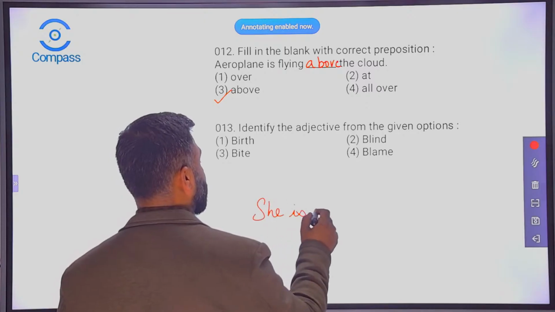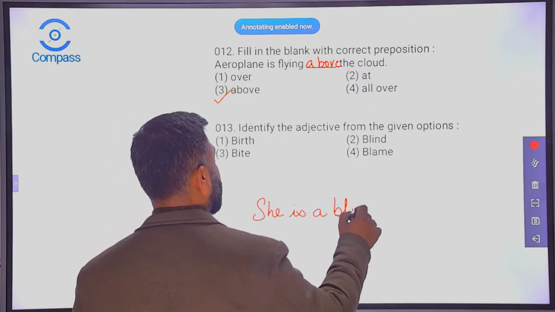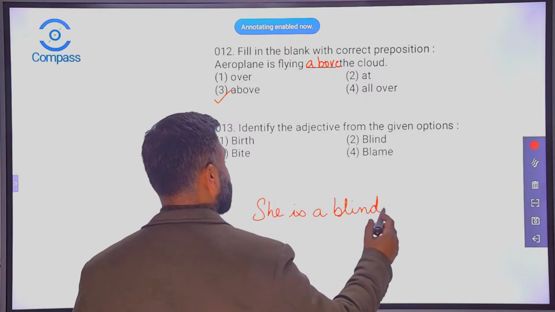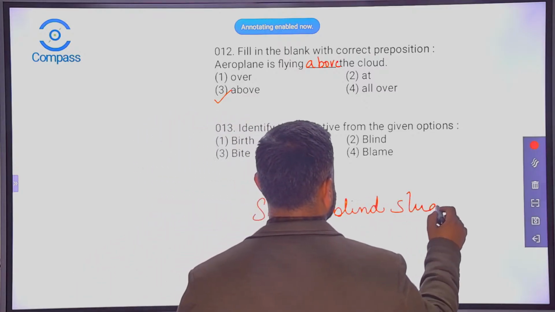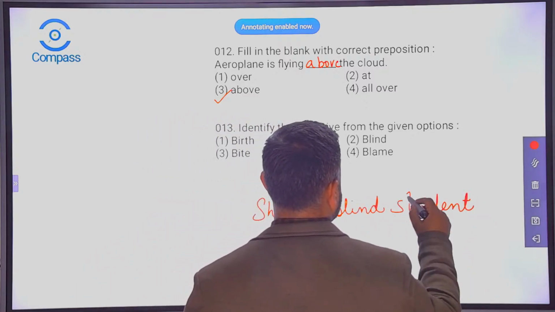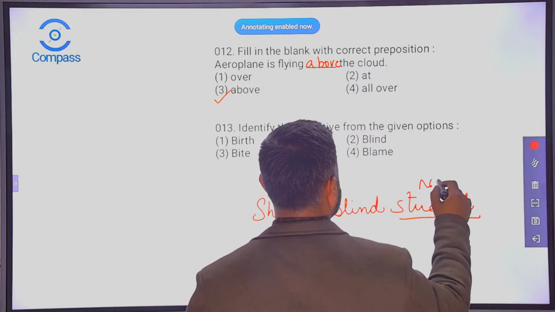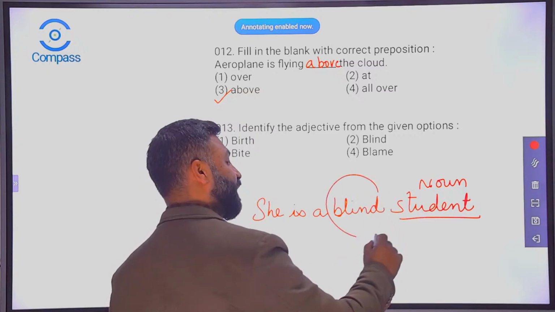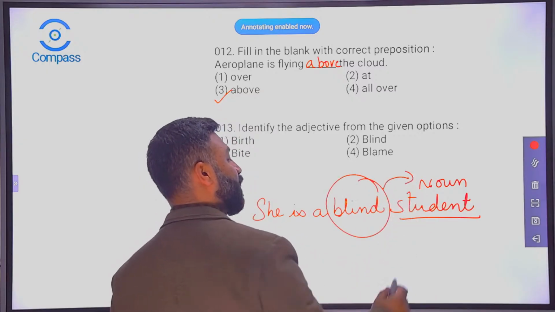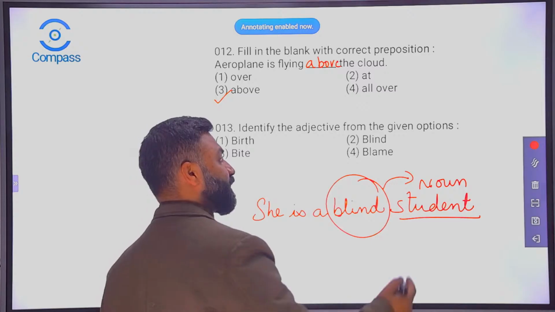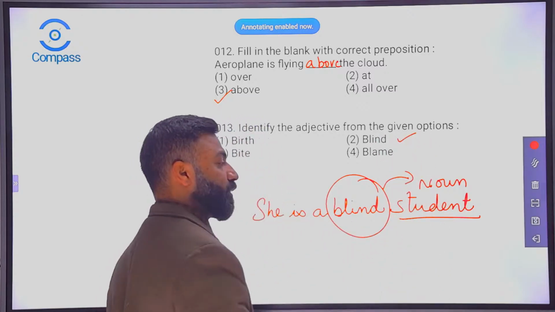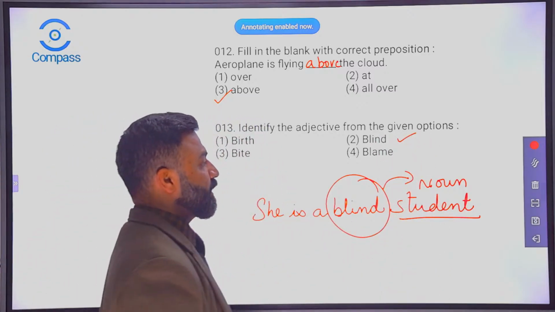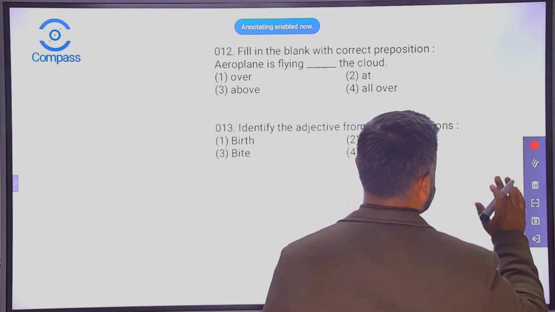She is a blind student, right? So noun, okay, and adjective describes the noun. So blind is the right answer. Fine, this is how we do it. Okay, let's clear all the feedback.